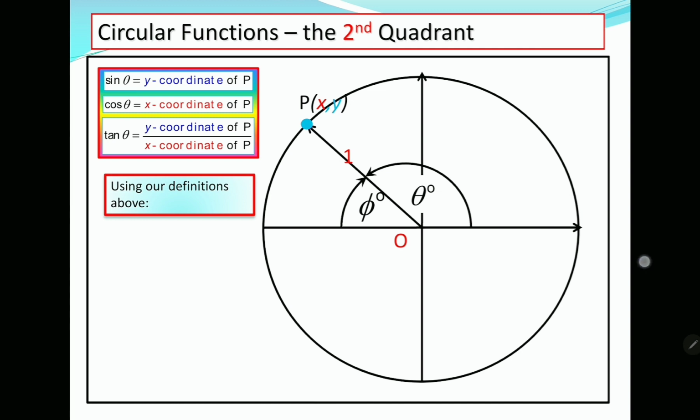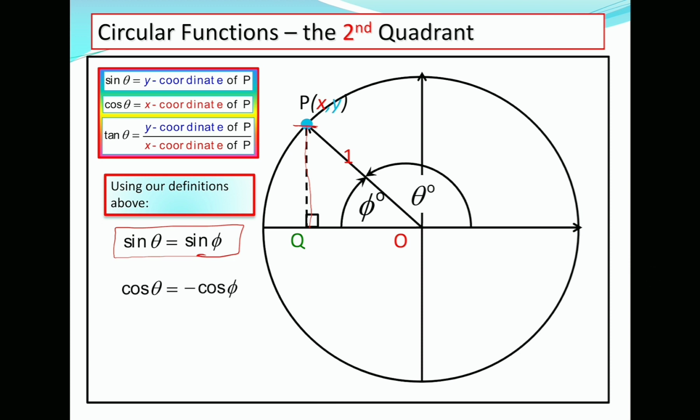Now, we know sine theta equals sine phi, as the magnitude and the sign of these values are equal. Cos theta equals minus cos phi, because cos phi is positive, but the x coordinate will be negative as it lies in the second quadrant.